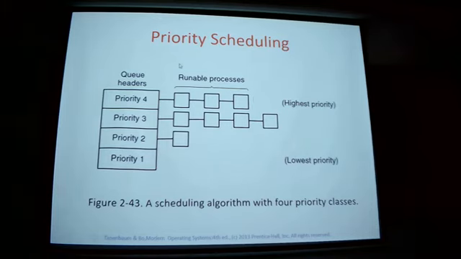The next one is priority scheduling. It means that we schedule processes according to their priority.